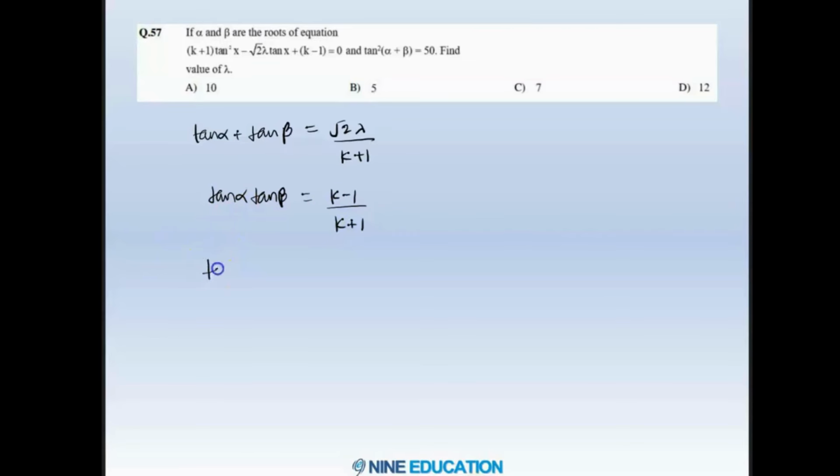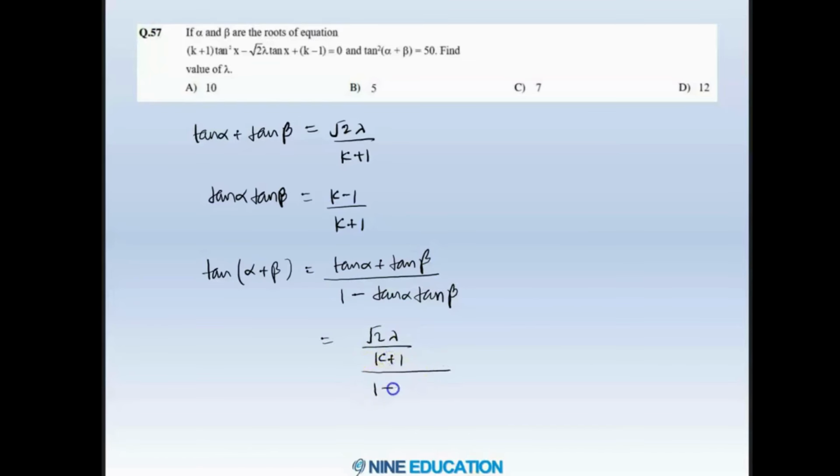So now I can apply the tan (alpha plus beta) formula, which is tan alpha plus tan beta divided by 1 minus tan alpha tan beta. Let's put the values. It is going to be root 2 lambda by (k plus 1) divided by 1 minus (k minus 1) by (k plus 1).